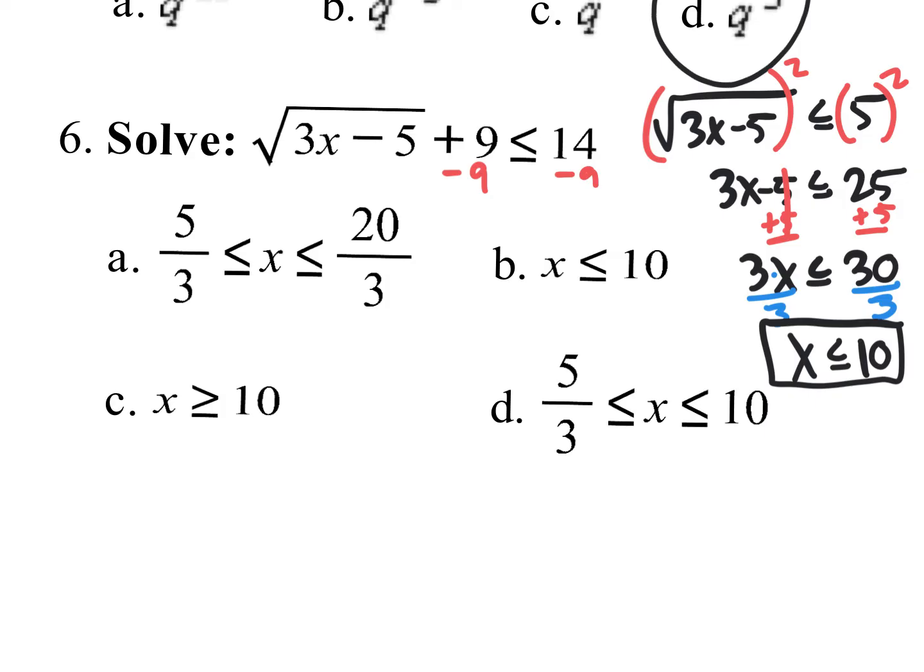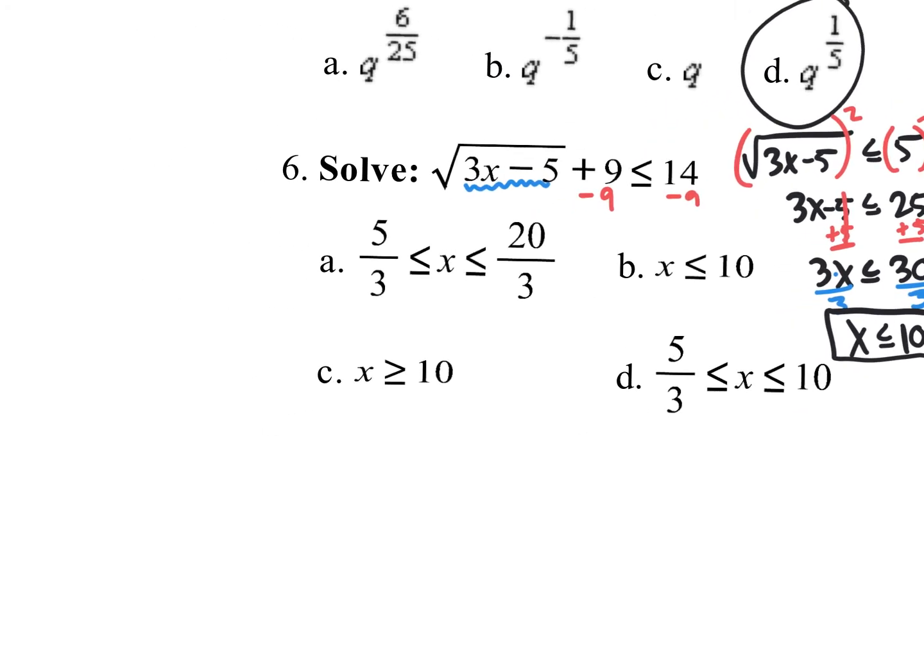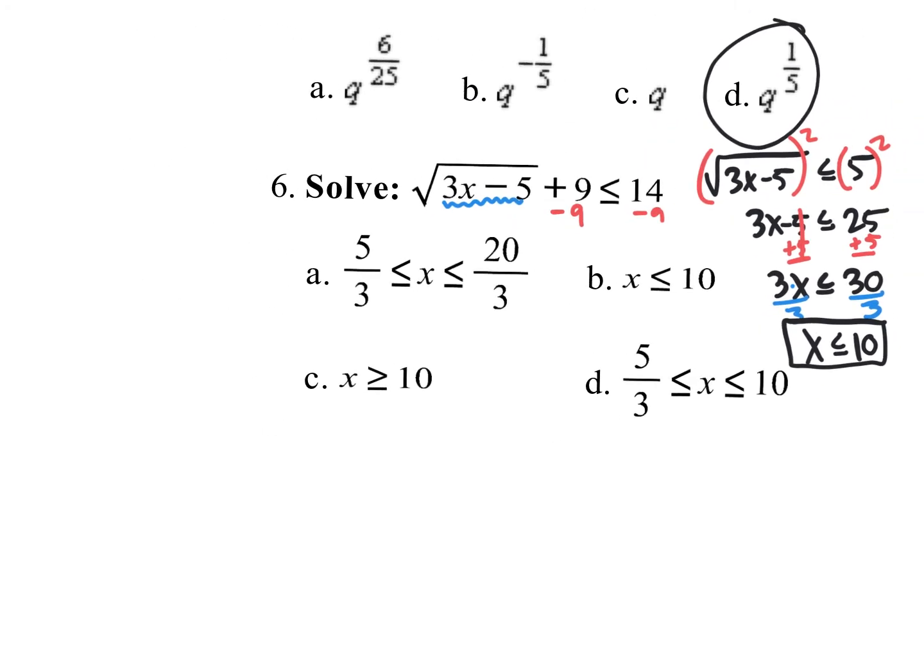So we need to set this binomial 3x minus 5 to be greater than, or at the very least equal to 0. So you have to solve it the way we just did, and in addition to that, rewrite 3x minus 5 and say that that inside value of the square root has to be greater than or equal to 0. It is a radicand value, so we could use that vocab word.